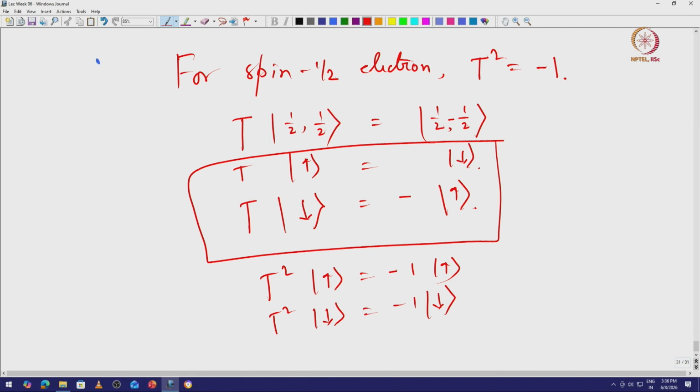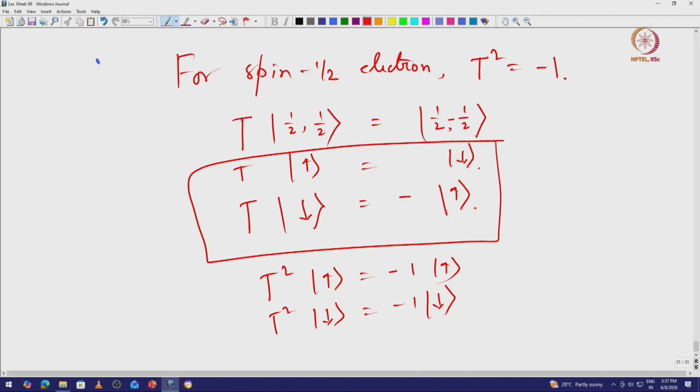So, when we apply it twice on the same spin, it first flips the spin, then we flip the spin again with an opposite sign. So, we get back to the same spin, but with the opposite sign, and that is consistent with the 2 pi rotation of a fermion, right.